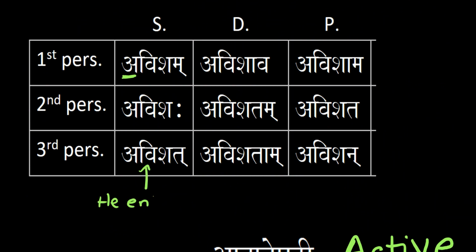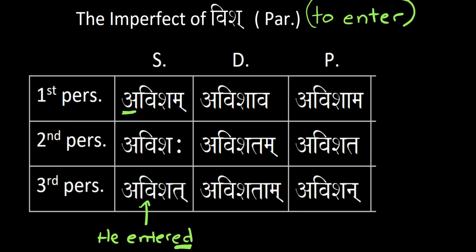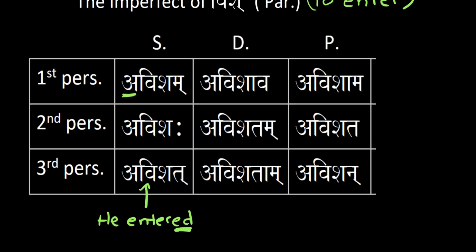He entered. Avishatam, the two of them entered. So the keyword here is entered. I shouldn't have to rewrite the pronouns. Third person plural, they all entered, avishan.